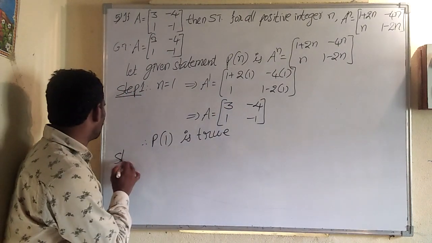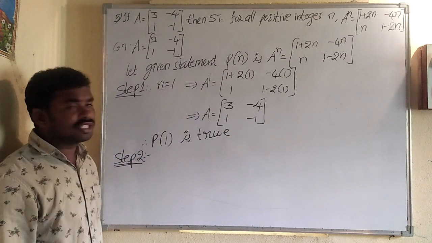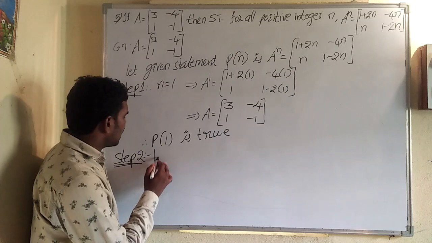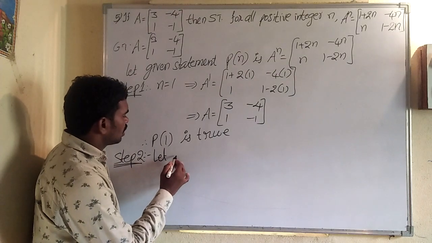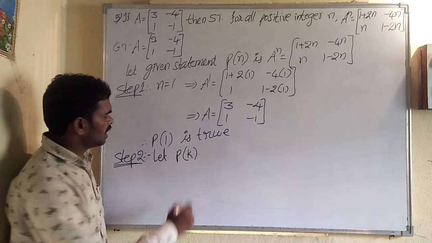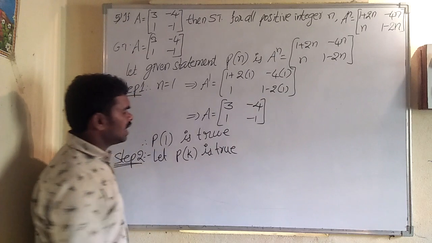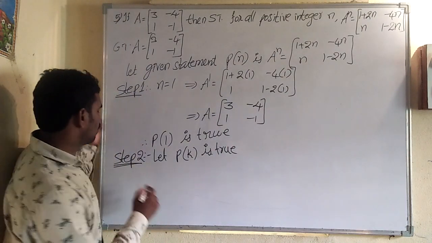Then step 2. This step 2 is the assumed value step. Let P of k, meaning in place of n we write k, be true.